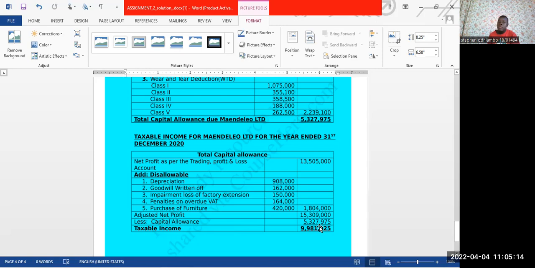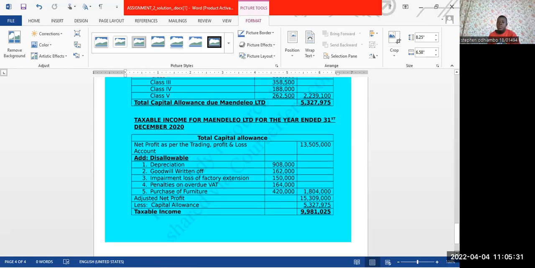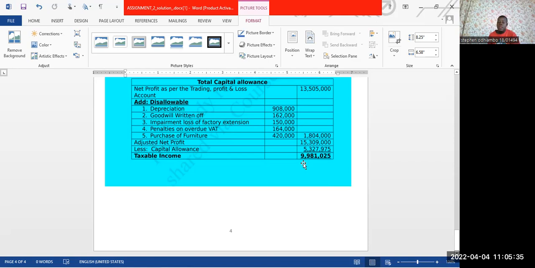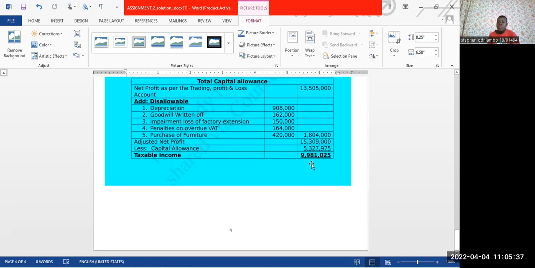So capital allowances is 5 million, which is here. It is just above this our information. So you less your capital allowance of 5,327,975. Then you are going to be having your taxable income as 9,981,025. For those who got that, congratulations.